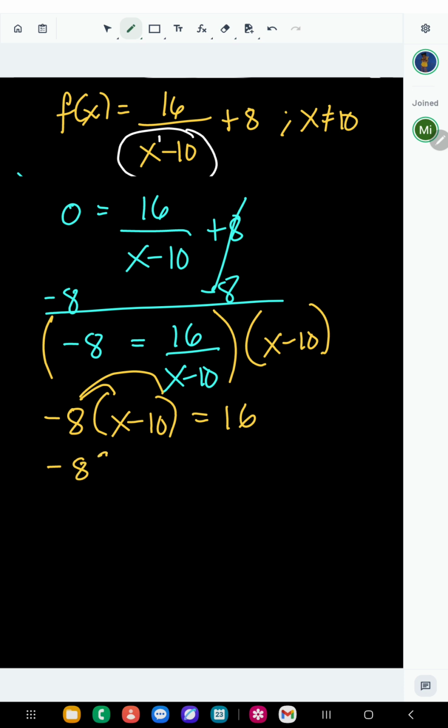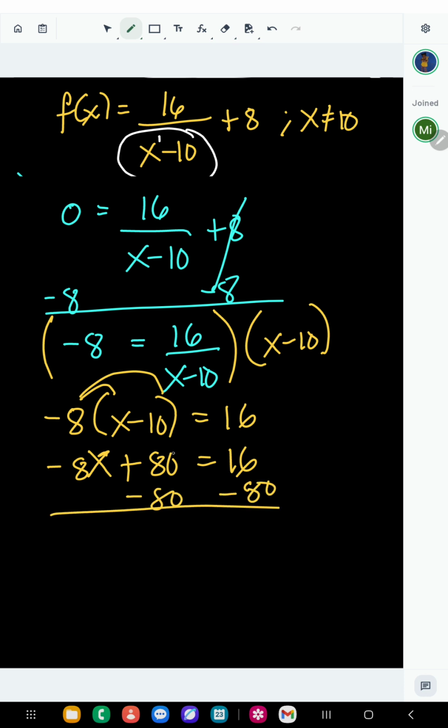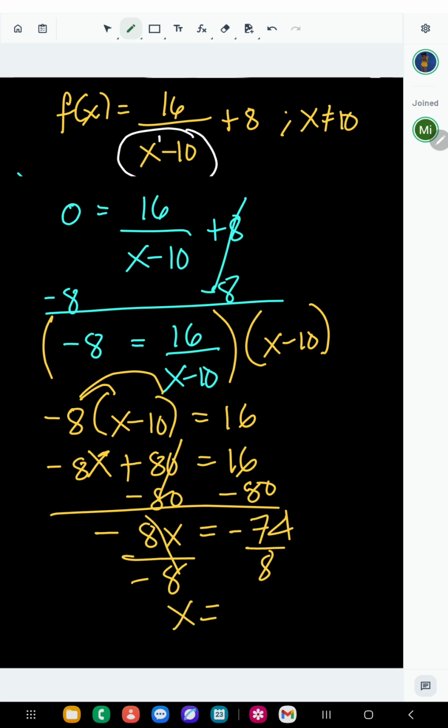So that is negative 8x plus 80 equals 16. Then we subtract 80 from both sides. So this is negative 8x. What is 16 minus 80? Negative 74. Then divide by negative 8.